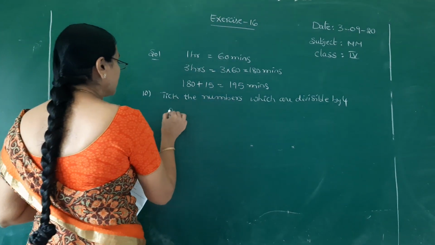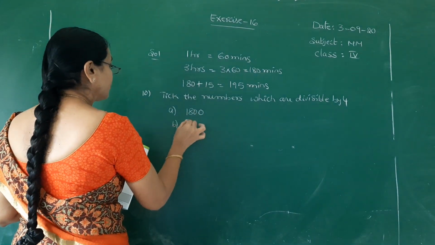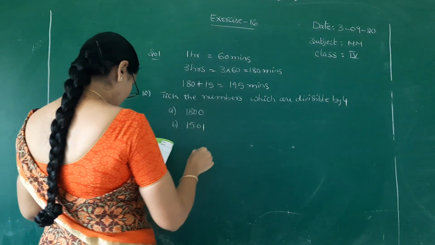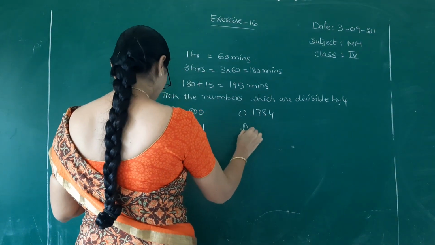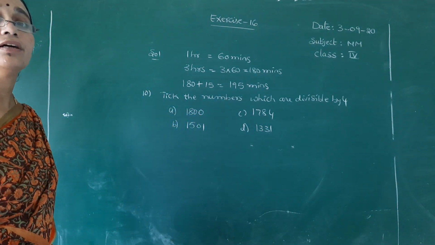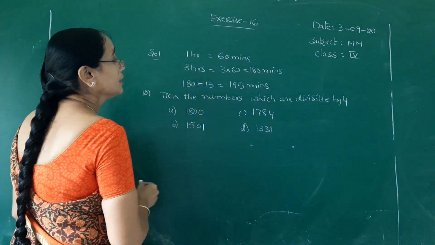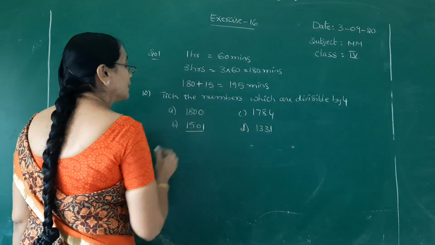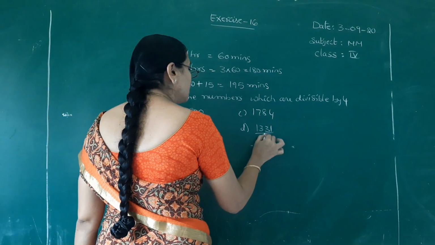Here the given numbers are 1800, next 1501, next 1784, and next one 1331. See here, 4 is an even number. It won't go into an odd number. Already you know that property. So this 1501 is an odd number, and 1331 is also an odd number.